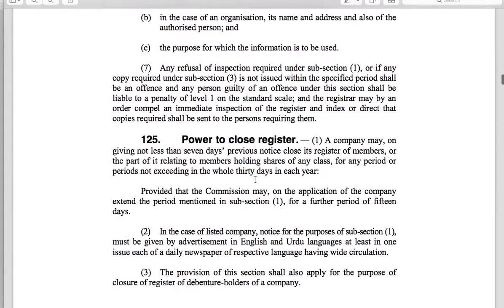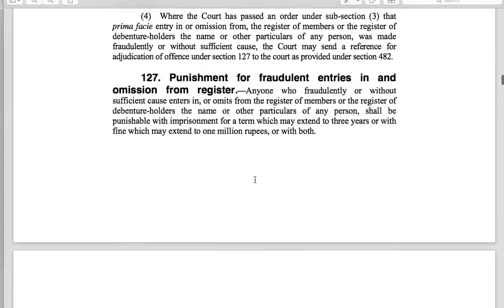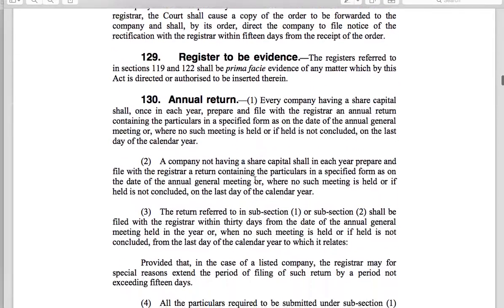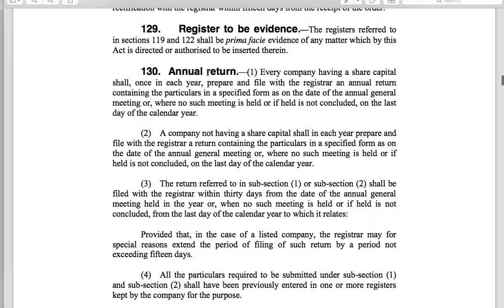Moving from the register of members and debenture holders, this is the annual return. Every company having a share capital has to prepare it once a year. When I was discussing section 70, that was the allotment of shares when a prospectus is issued.